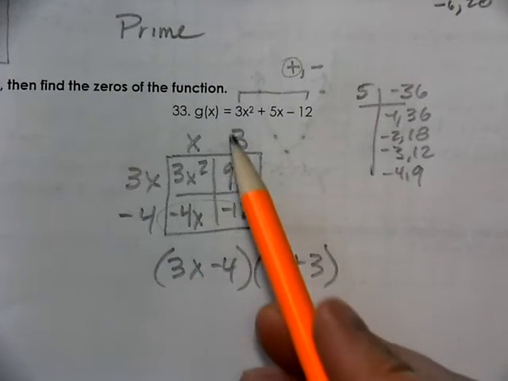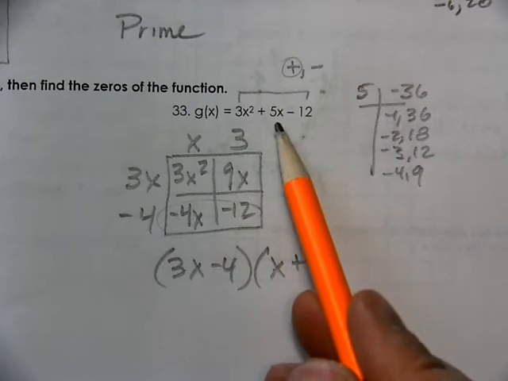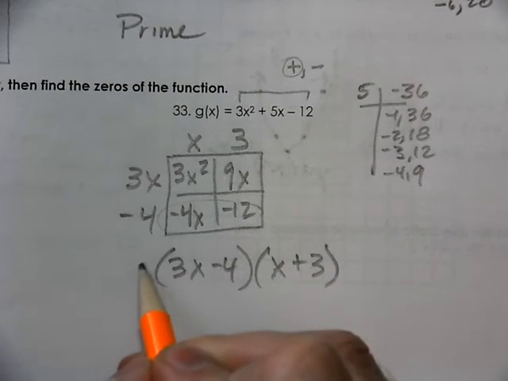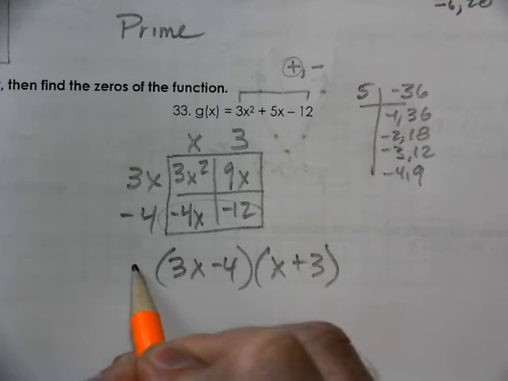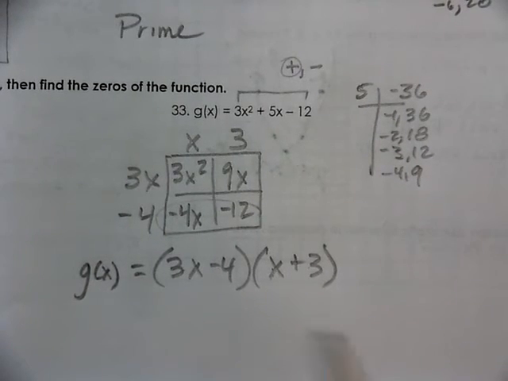If we multiplied this back, we get 3x squared, 9x and negative 4x gives you positive 5x, negative 12, just to check. So that would be our intercept form. There is no number we can factor out to give a different a value.